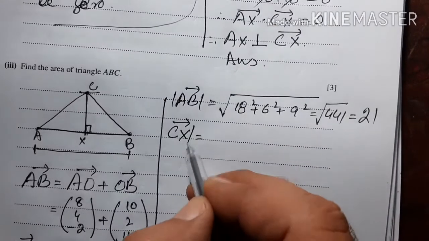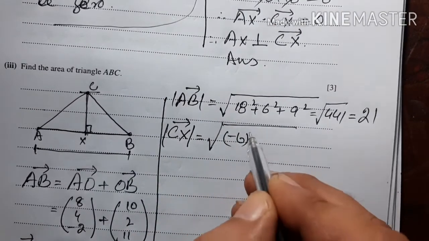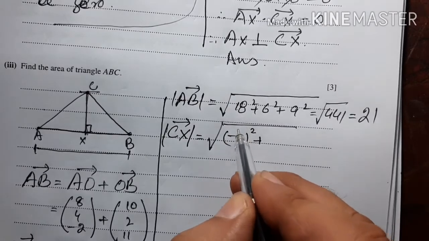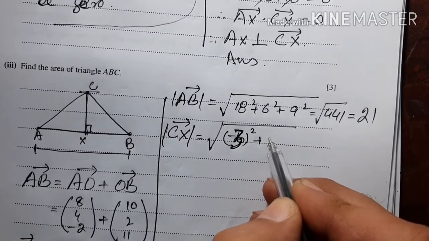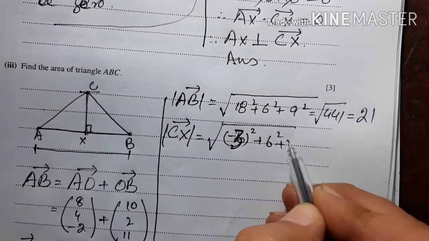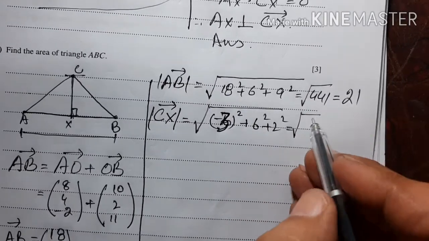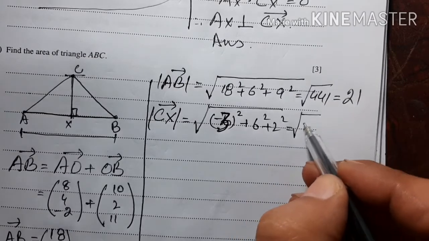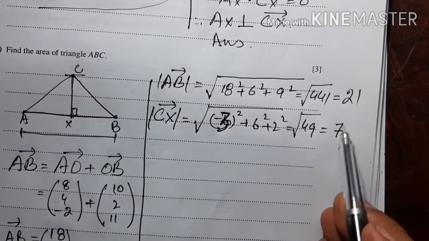So the CX magnitude will be minus 3 squared plus 6 squared plus 2 squared, which is 49, which is equal to 7. This is the magnitude of CX.